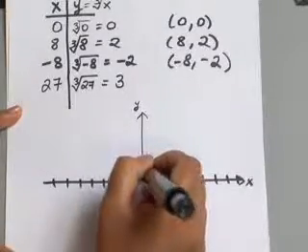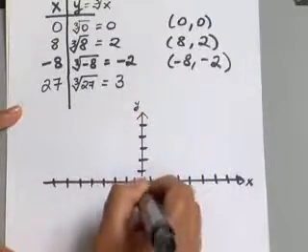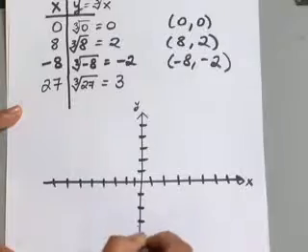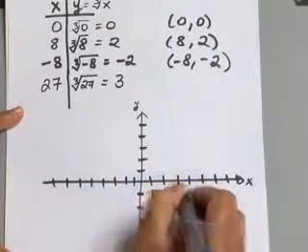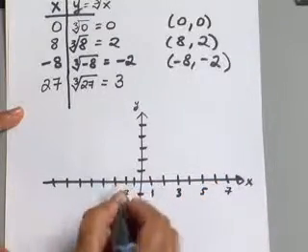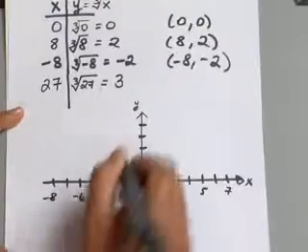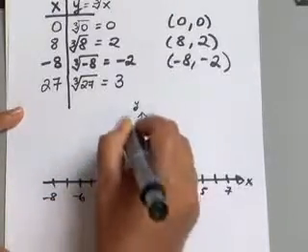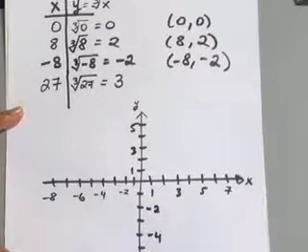And then on your y-axis, this is your 1, 3, 5, 7, negative 2, negative 4, negative 6, negative 8.